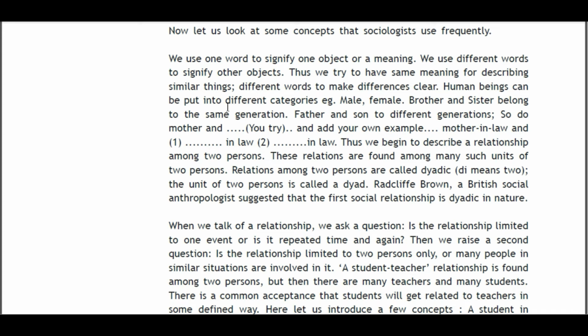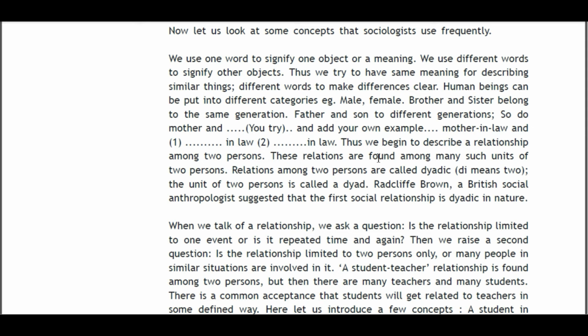Human beings can be put into different categories, for example male, female. Brother and sister belong to the same generation, father and son to different generations, so do mother and daughter, and so on. For example, mother-in-law and father-in-law or sister-in-law. Thus we begin to describe the relationship among two persons.